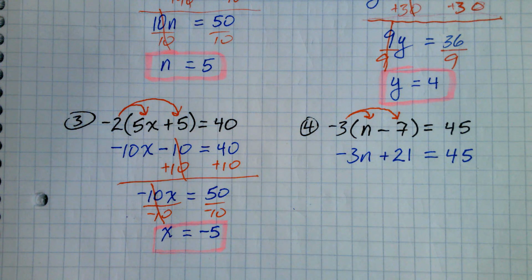Okay, so if you distributed correctly, hopefully this is what you wrote, or this is what you got. Negative 3n plus 21 equals 45. This negative and that negative gives you positive 21. Okay, so if you got that correct, congratulations. And let's solve the rest of this.